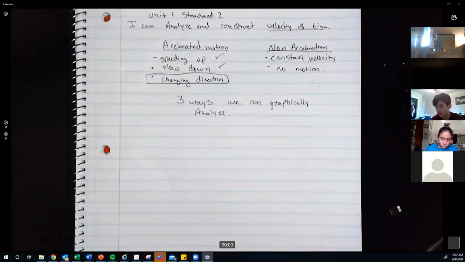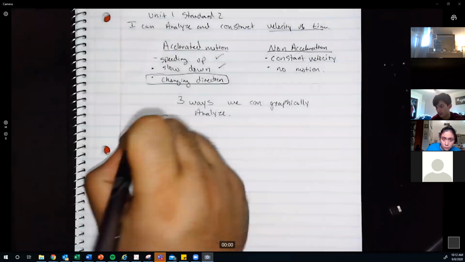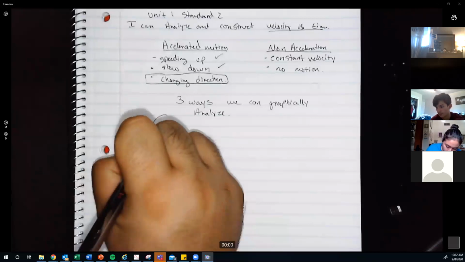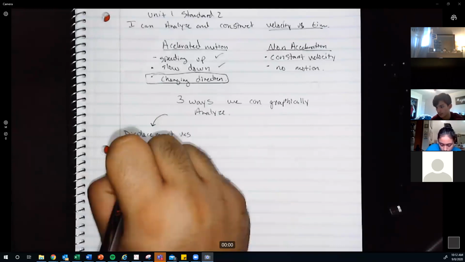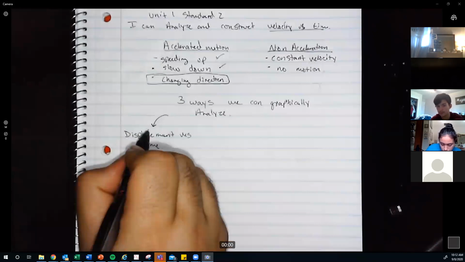Okay, so looking at those 3 ways to analyze, the first way you can do it graphically is through a displacement versus time graph. So that's the first way you can analyze this.